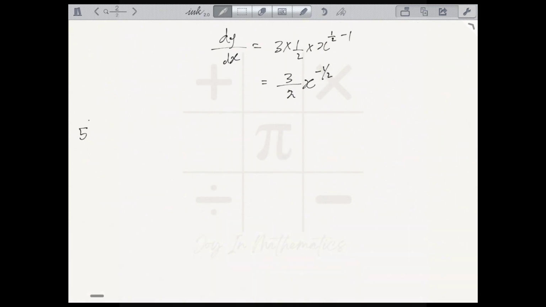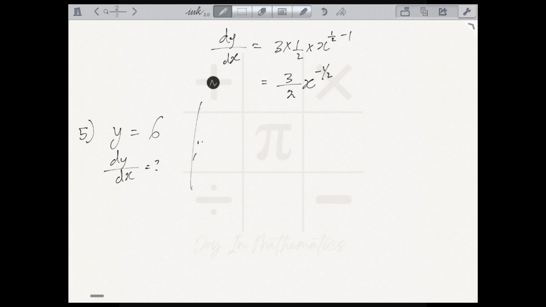Let's try number 5. y is equal to 6. If y is equal to 6, evaluate dy/dx. Now, given y is equal to 6, it doesn't have a function of x whatsoever.